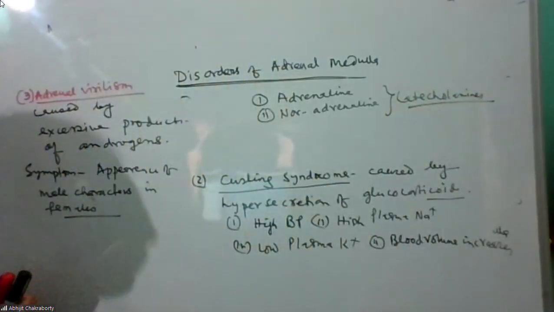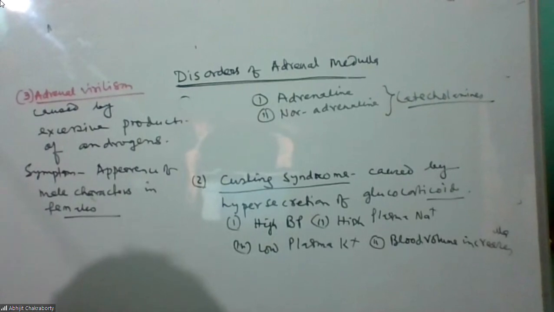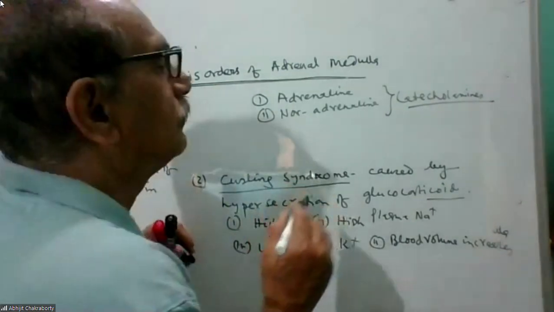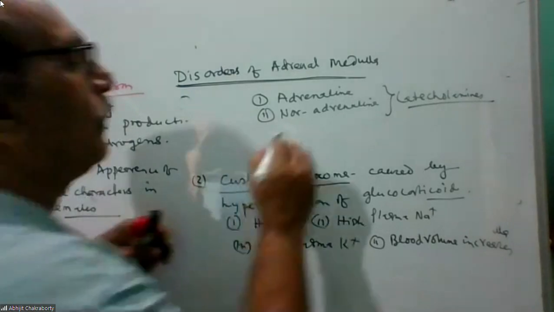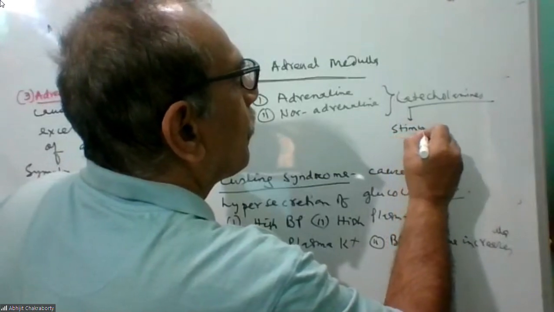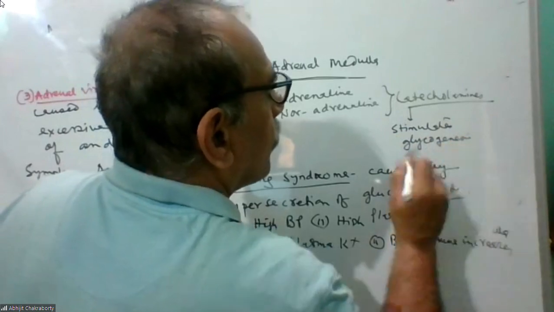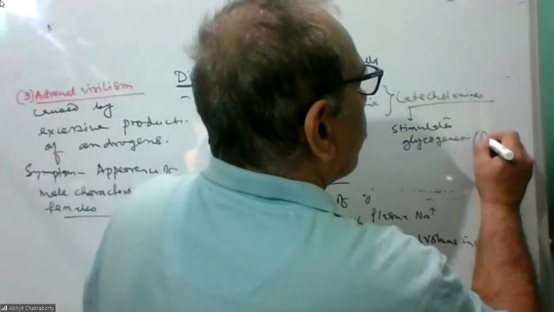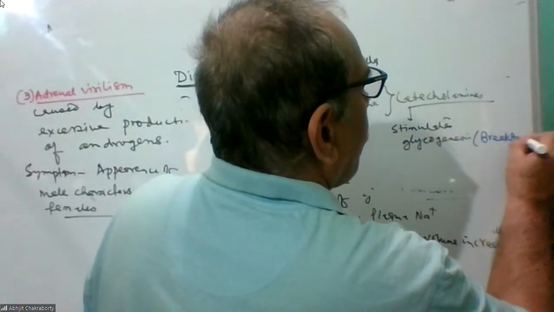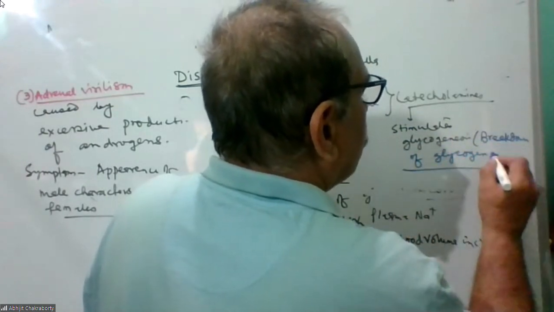Catecholamines. The role of the catecholamine is to stimulate breakdown of glucose. Glycogenolysis. That is breakdown of glycogen.